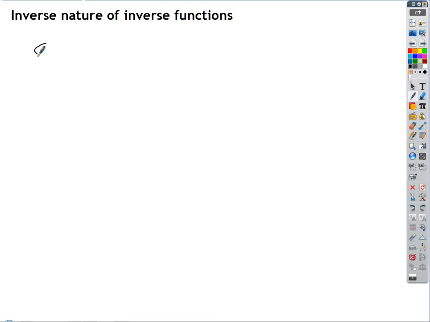Let's say we've got some function f of x that equals x squared plus 1, and let's say g of x equals 2x minus 3.